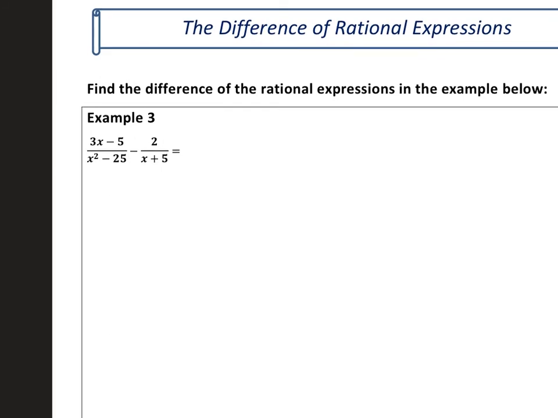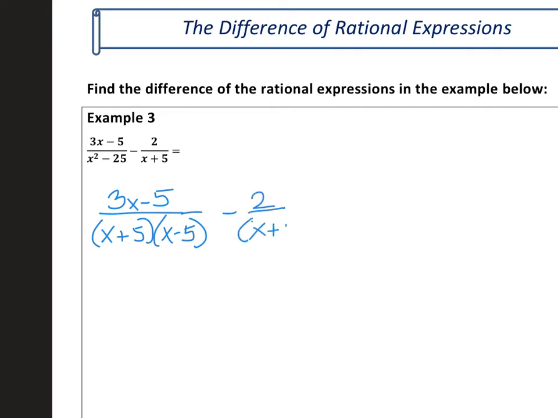Now let's take a look at one example of finding the difference of rational expressions. So I have a couple of rational expressions here. The first one on the left, the numerator cannot be simplified, but the denominator is a difference of squares. So I'm going to rewrite that as x plus 5 times x minus 5. And the one on the right cannot be simplified.